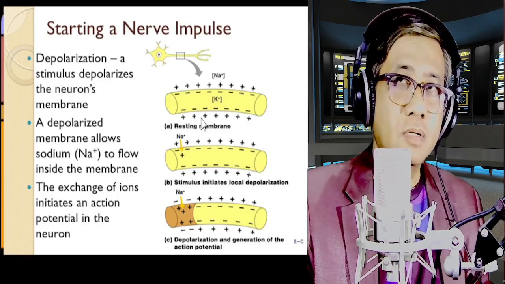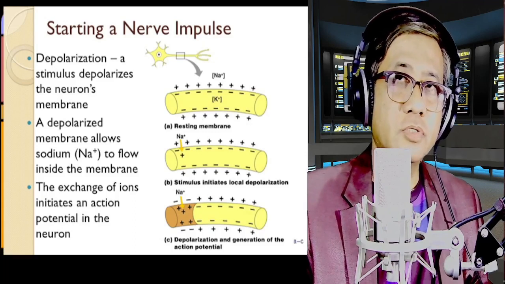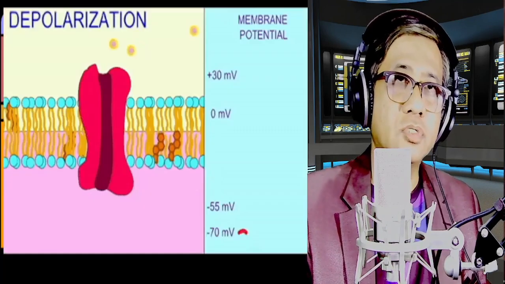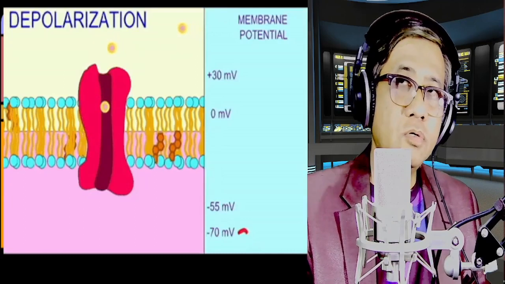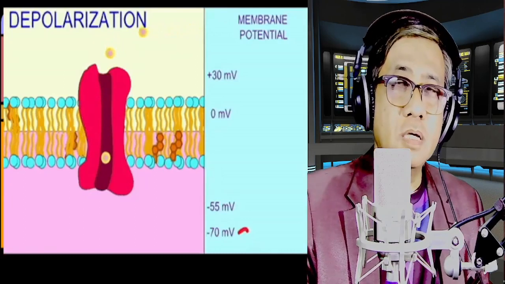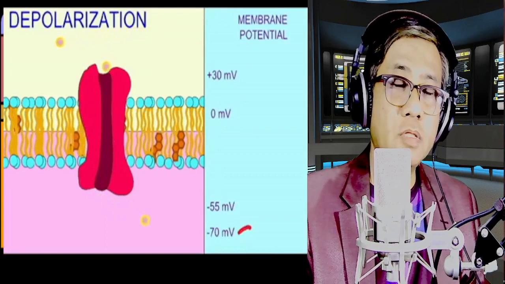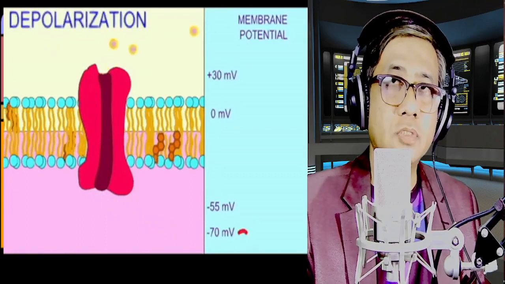So let's take a look at this animated illustration showing the process of depolarization. Once the neuron gets stimulated, the sodium ion channels open up, allowing the entry of the sodium ions.